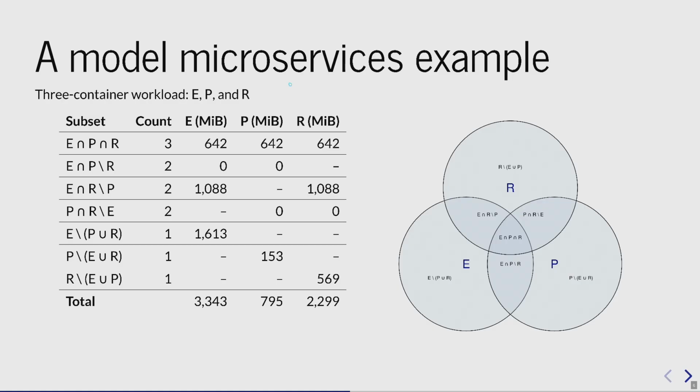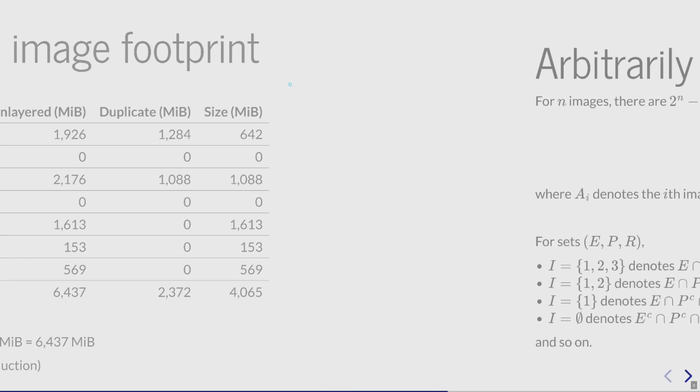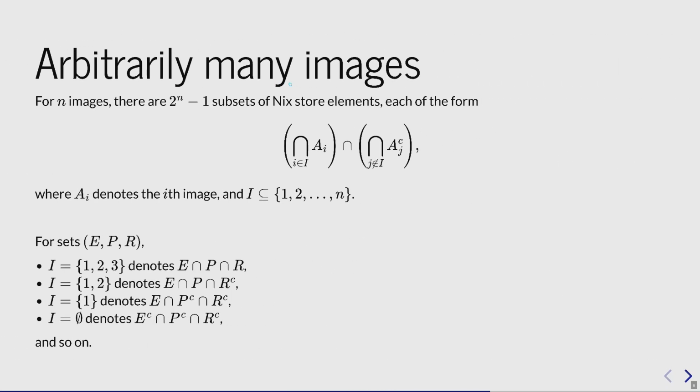In this situation, we have 3 images, and we therefore have the 2^3 - 1 subsets, right? 2^3 is 8, minus 1 is 7. So we've got 1, 2, 3, 4, 5, 6, 7 subsets. And in theory, you would just get 2^n - 1 of however many images you have. You would have that many subsets.